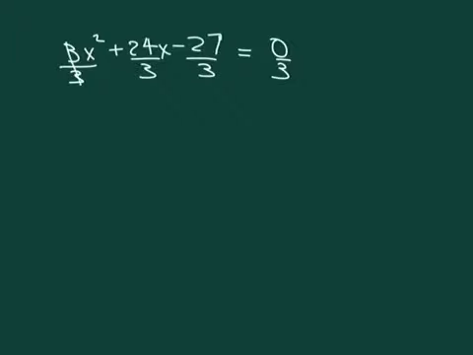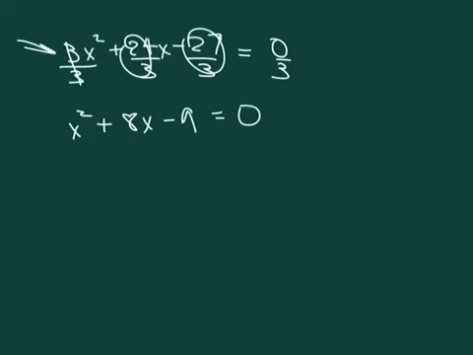3 over 3 is 1. 24 over 3. 27 over 3. 0 over 3 is 0. There, we just got rid of the number in front of that. Okay? Wasn't too bad. So you divide everything by whatever number is in front of there.